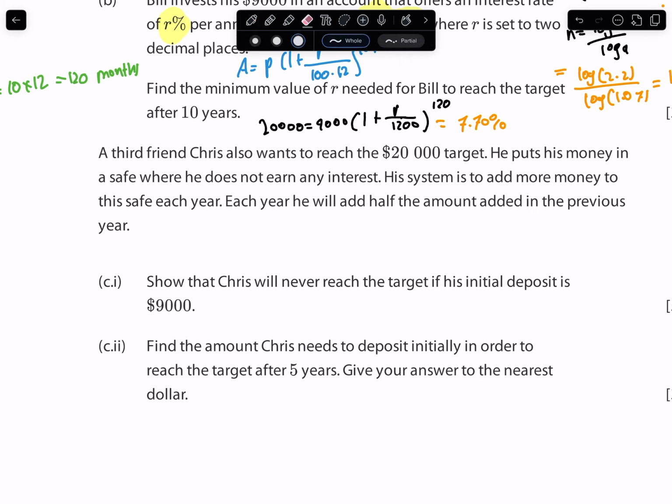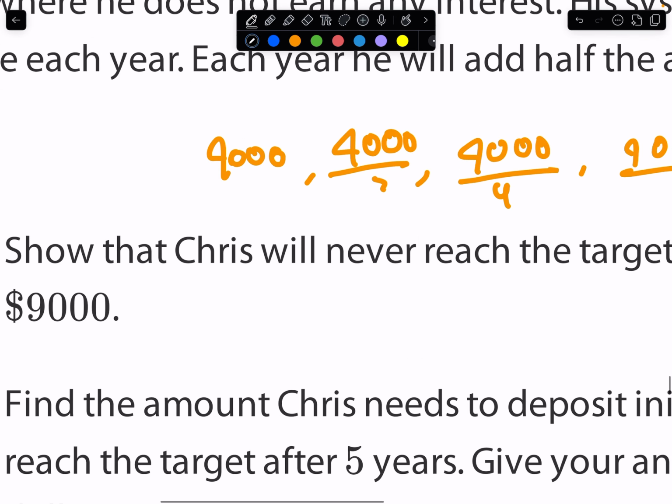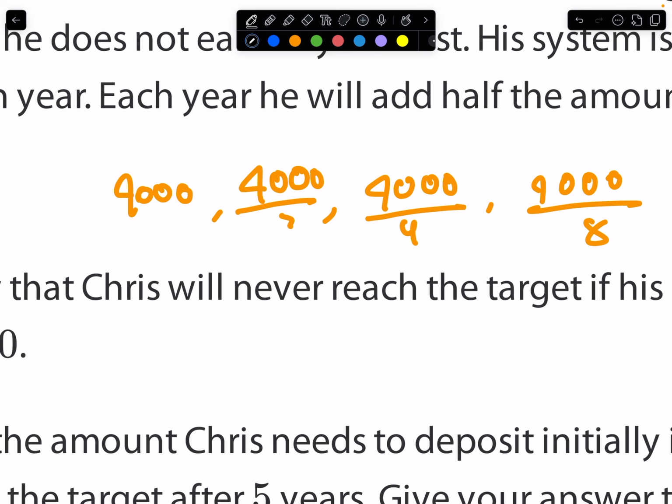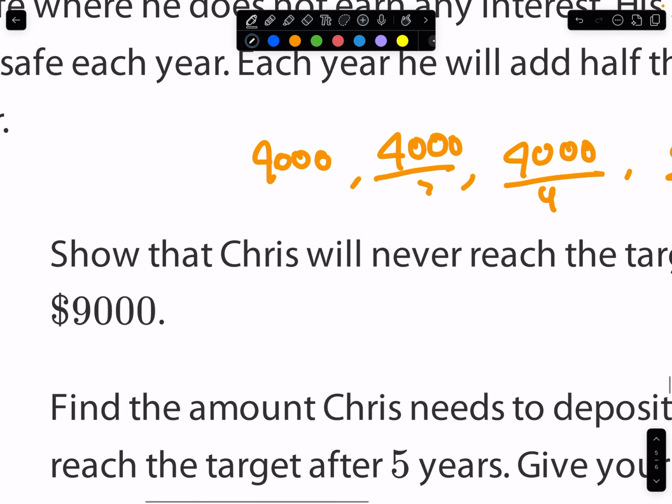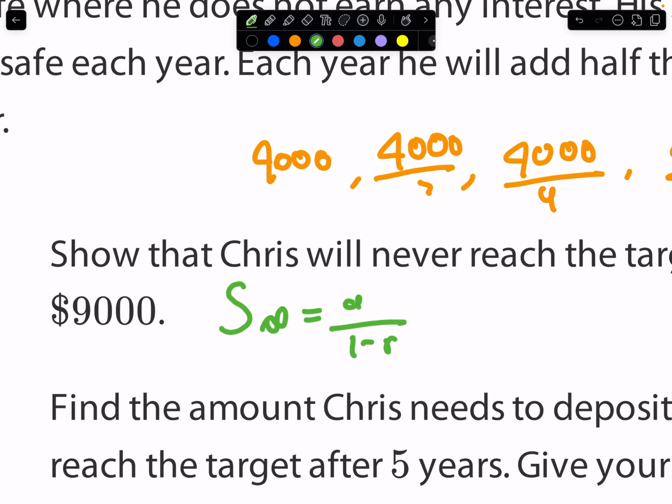So 9,000, 4,500, 2,250, 1,125, and so on. The formula for the infinite geometric series would be S equals a over 1 minus r, where a is 9,000.